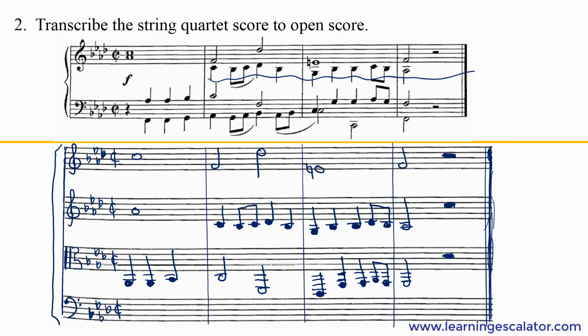And do the same thing for the bass, the cello. It's a half note.